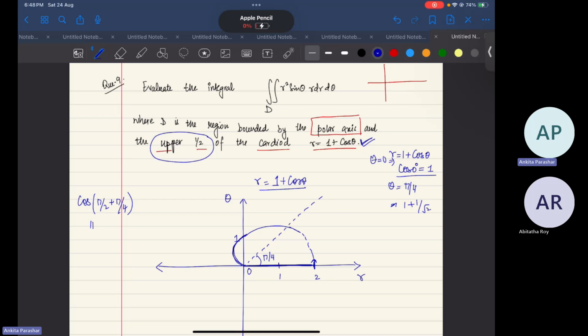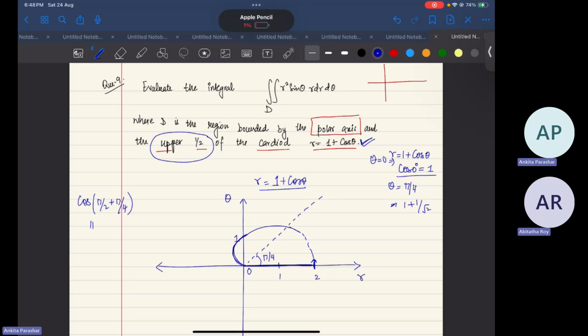Okay, so finally the integration. Let's write the limits. The function is r square sine theta times r dr d theta. From where to where is r lying? r would lie from 0 to 1 plus cos theta, exactly, and theta from 0 to pi.